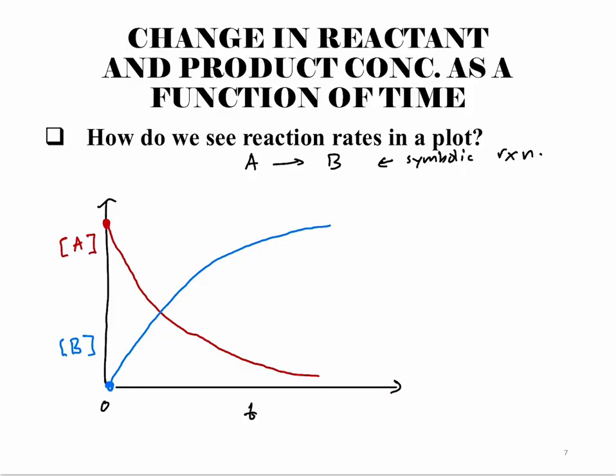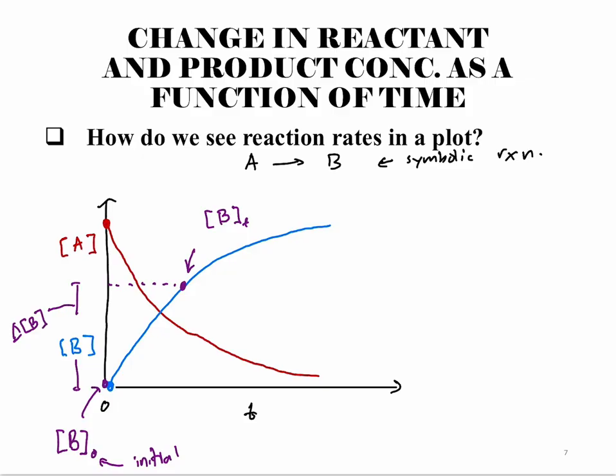Let's say this is our initial concentration. Usually when you have a 0 here, that just means the initial concentration. And then we'll say this is our final concentration of B. So this quantity here represents the change in the concentration of B.